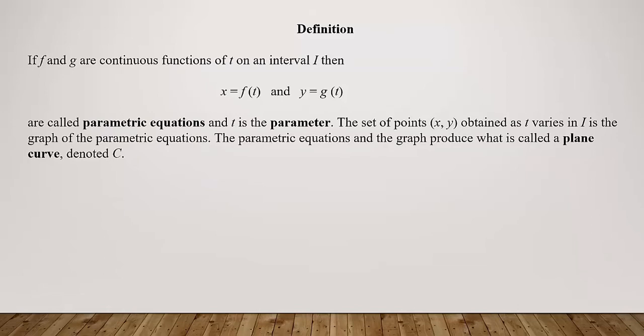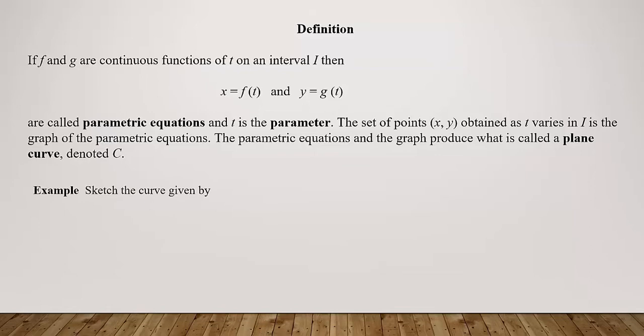The set of points x, y you get as t varies in the interval I, well, that's just the graph of the parametric equations. Now, the parametric equations and the graph produce what is called a plane curve, and in math we denote that with an uppercase C. So that's the definition of parametric equations.